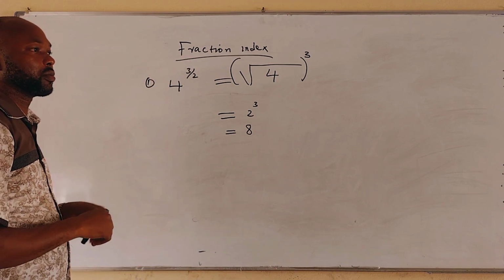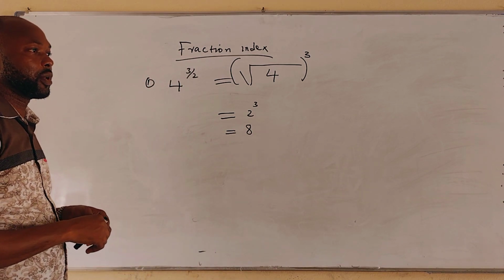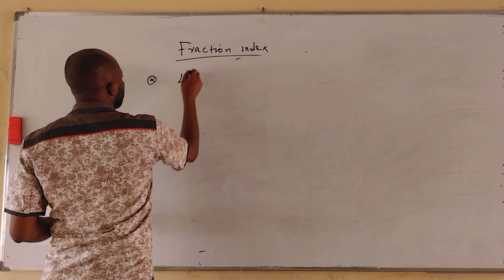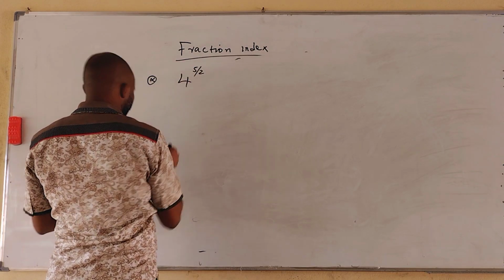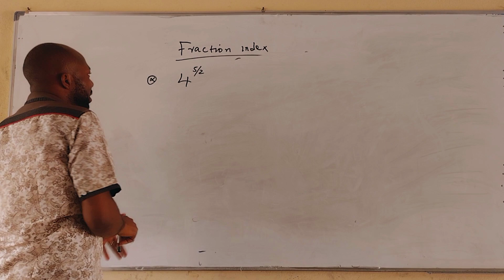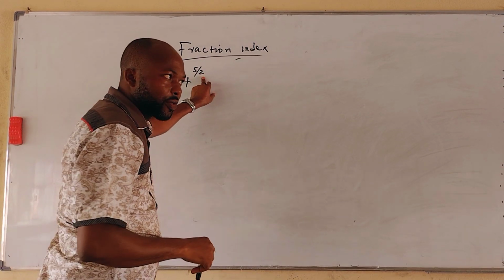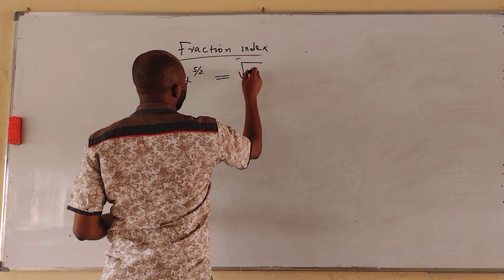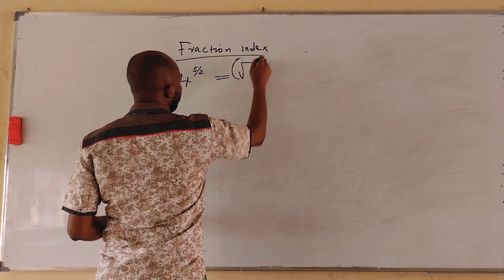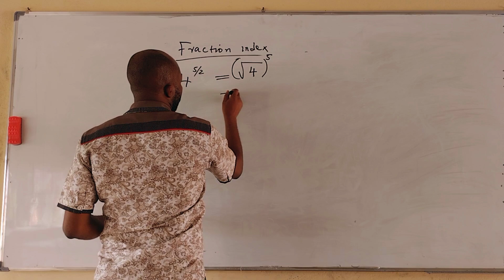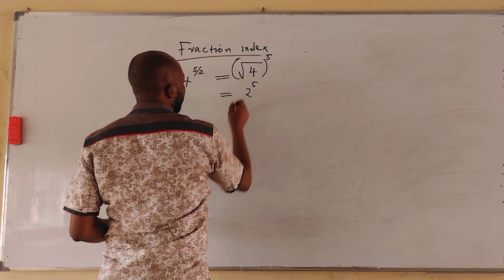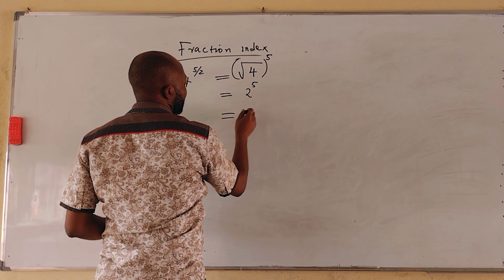So this is the first step. Let's look at the second question: 4 raised to the power 5 over 2. Remember, what is down here is our root, so the root is the square root. This is the square root of 4 raised to the power of 5, and the square root of 4 is 2, raised to the power of 5. 2 raised to the power of 5 is 32.